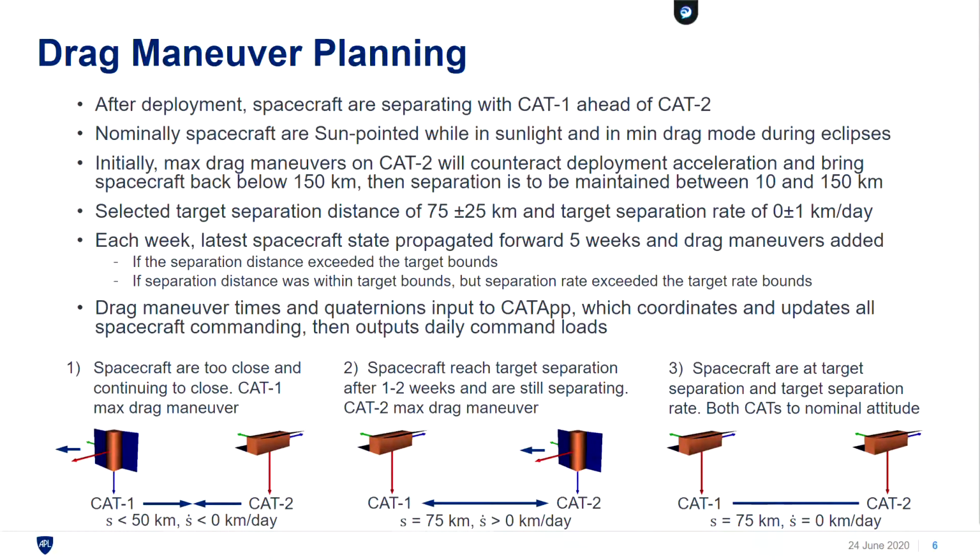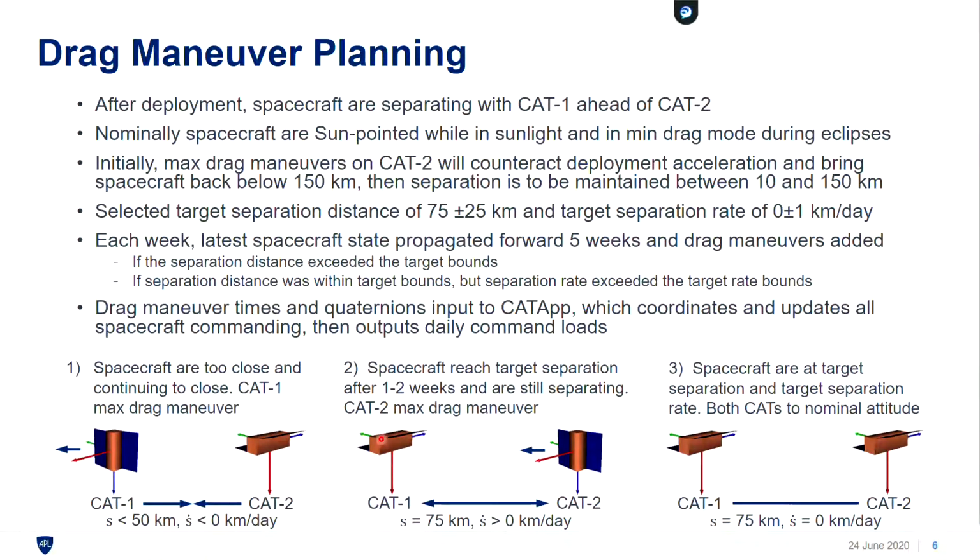And each week, the latest spacecraft state is propagated forward and drag maneuvers are added as needed. So for example, if the spacecraft are too close and continuing to close, CAT-1 would have a max drag maneuver added to it.